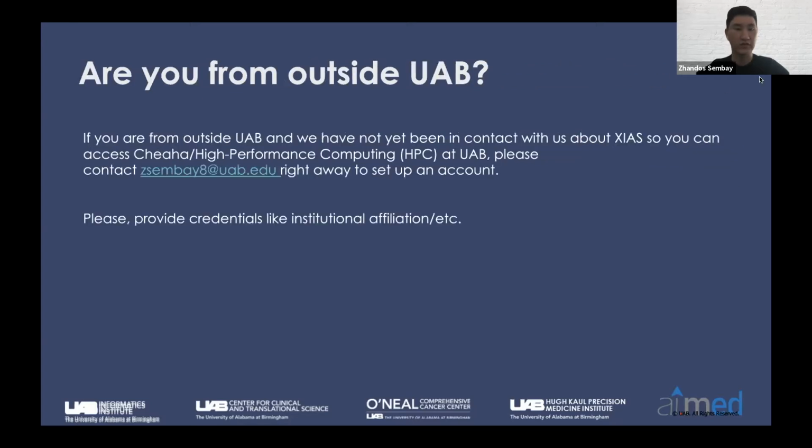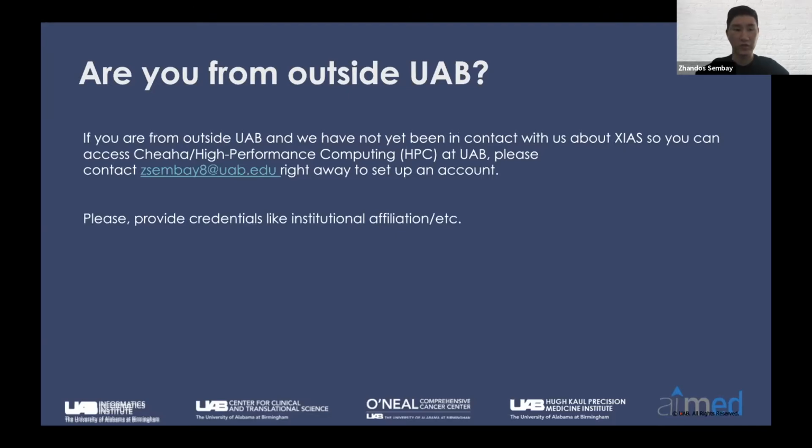Next, if you are from outside UIP and I have not contacted you about access, you can access CHA, the high performance computing at our UIB, which you're going to use during our hackathon.